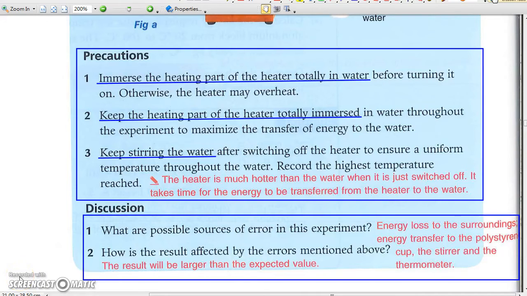When doing this experiment, you must totally immerse the heater in water and keep stirring throughout the experiment. Also, you should measure the highest temperature reached after the heater is turned off and take it as the final temperature of water.